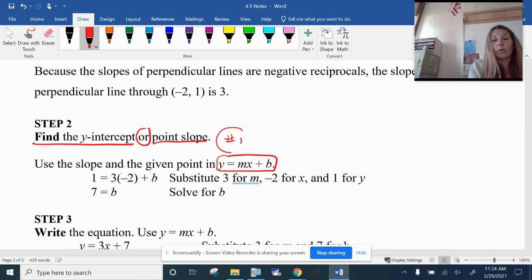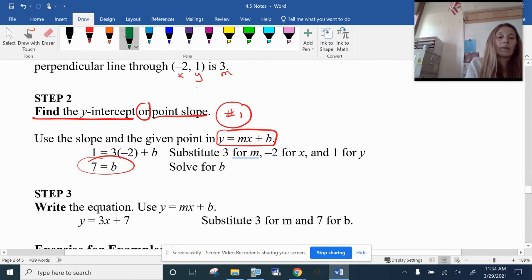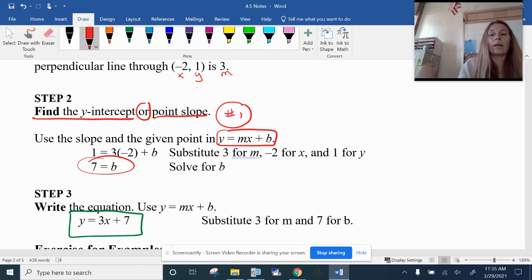You plug in your 1 for y equals your slope times your x plus b, then you get your negative 6, add it to the other side and you have your b. Now you can write your equation y equals 3x plus 7. Totally fine to do it that way.